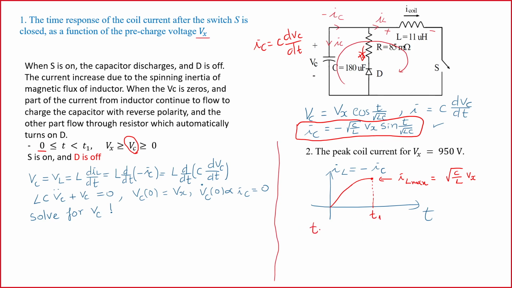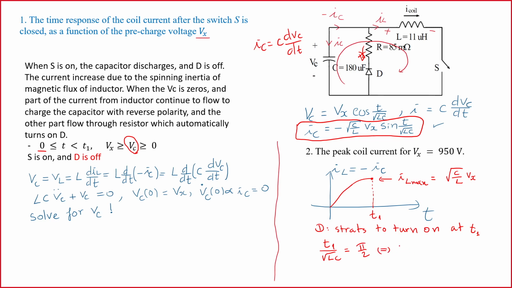So T1 equals, I would say, D starts to turn on at T1, and T1 over square root of LC equals 90 degrees, which is pi over 2, because sine equals 1.